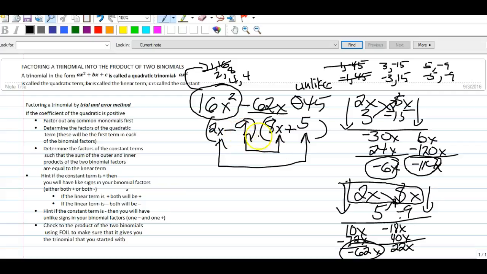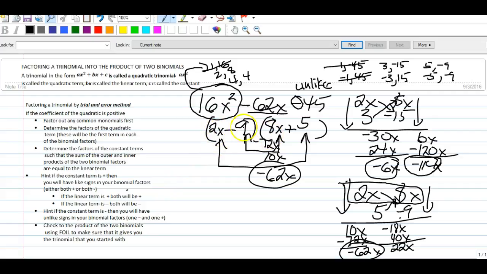The inner product here is minus 9 times 8x, which is a minus 72x, and the outer product is 2x times plus 5, which is 10x, and that gives me a minus 62x. Make sure that your sign matches the sign of your linear term here. And again, in order to make sure that you indeed have the trinomial broken down into the product of two binomials that gives you the original trinomial, you should check that using FOIL.